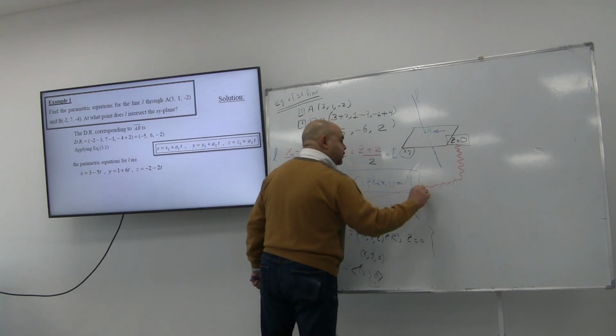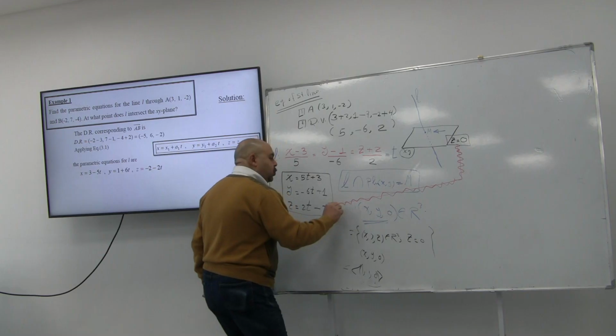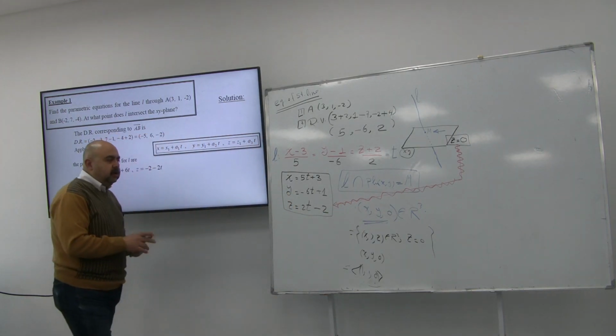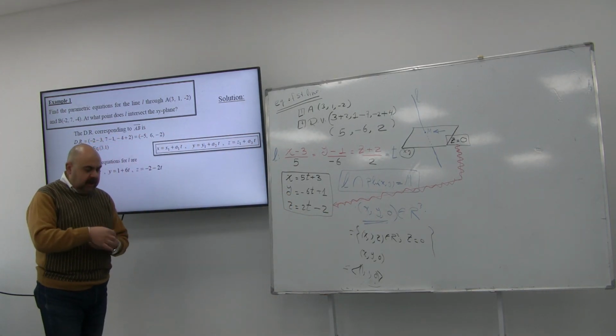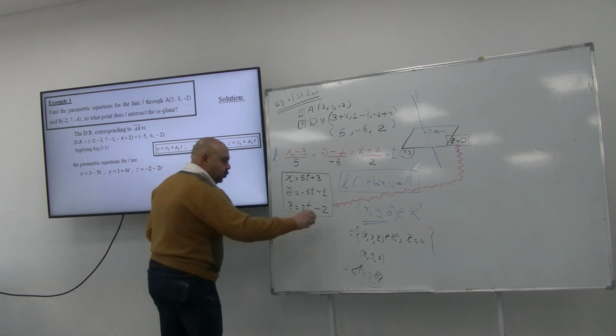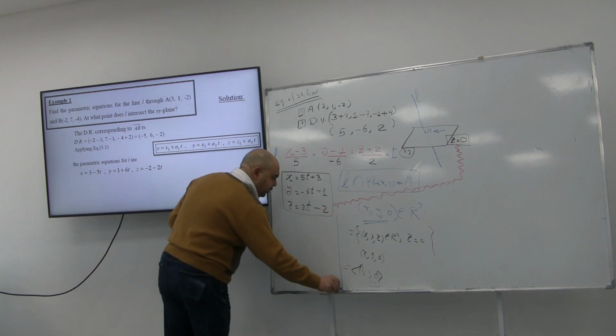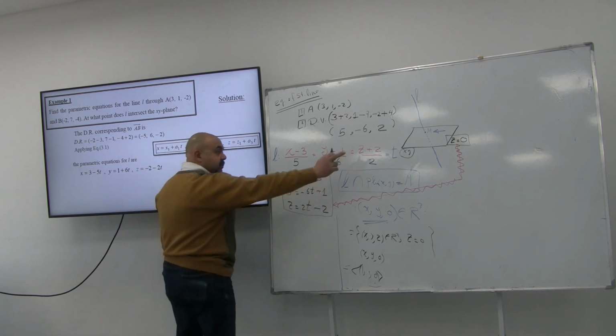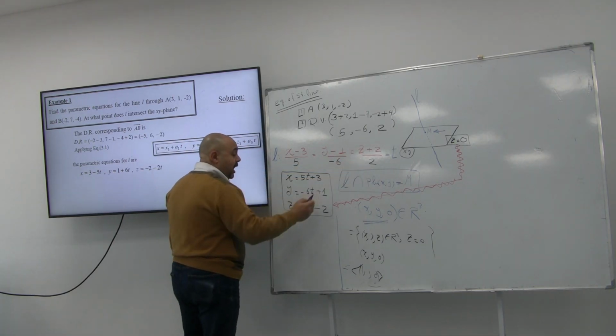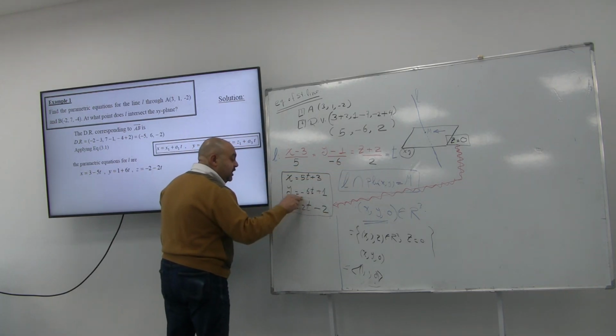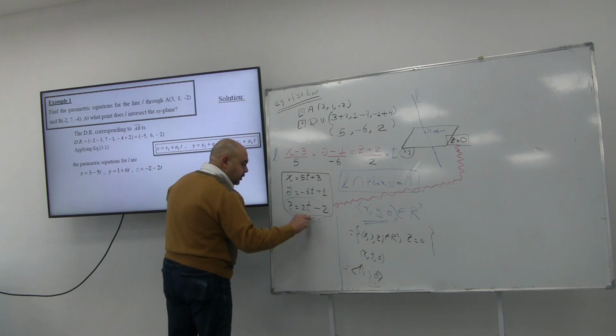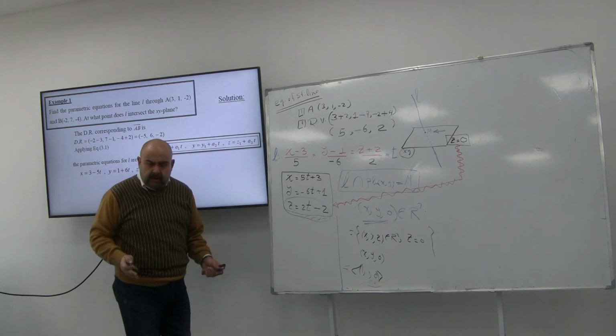The magic happens when you put Z equal to 0 in the parametric equation of the straight line. I will use only the Z coordinate, because it is the condition.